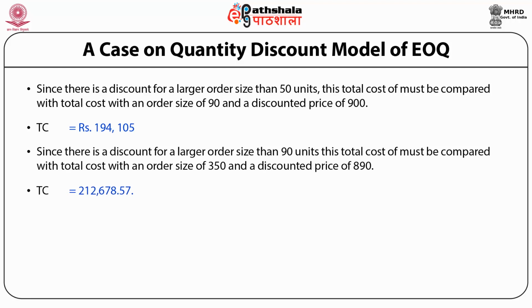Since there is a discount for a larger order size than 90 units, this total cost must be compared with total cost with an order size of 350 and discounted price of 890. Total cost equal to 212,678.57. So students, let us now summarize what we have learnt in this module.